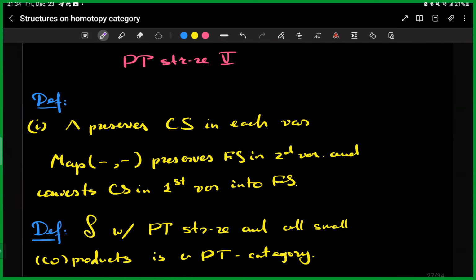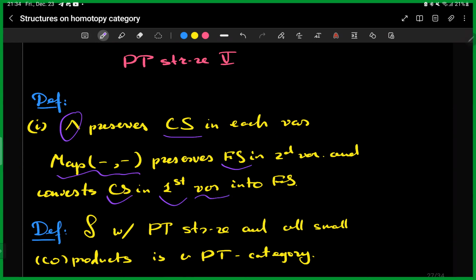Okay, final axiom of pre-triangulated structure. So the product should preserve cofiber sequences in each variable, and this thing should preserve fiber sequences in the second variable, and cofiber sequences should be transformed into fiber sequences in the first variable.